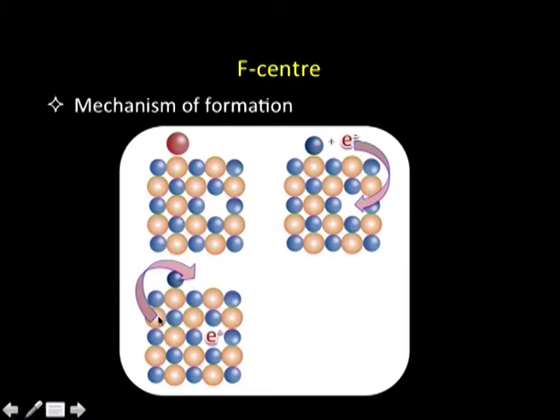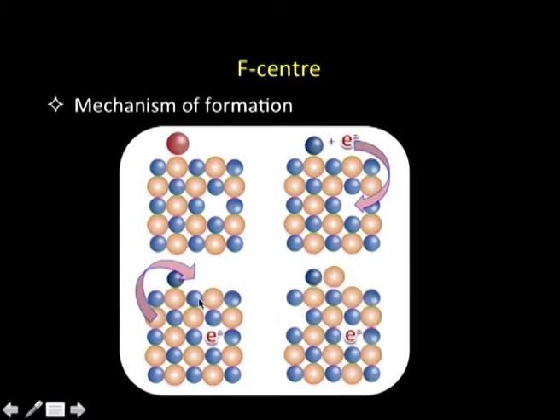This anion will move and come out over here, and as a consequence we get an anion vacancy here and a sodium chloride unit over there. That means this is my sodium ion, and this is my chloride ion which has moved from here to here. Then this is my F center, wherein the electron has been captured into an anion vacancy, and this is the material which is giving me color.